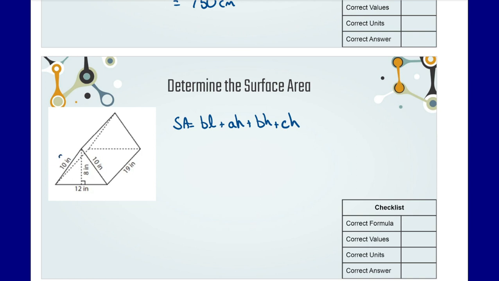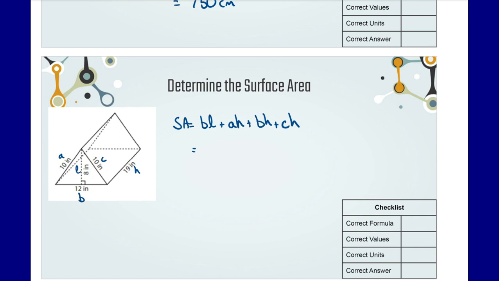A and C are the 2 values on our 2 diagonals on our triangles. The L value is the height of our triangle. The H value is the height of our prism. And the B value is the base of our triangle.